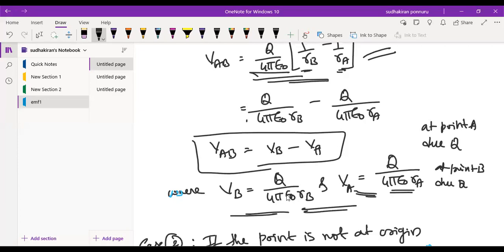So now we are going to apply the same concept for our derivation.